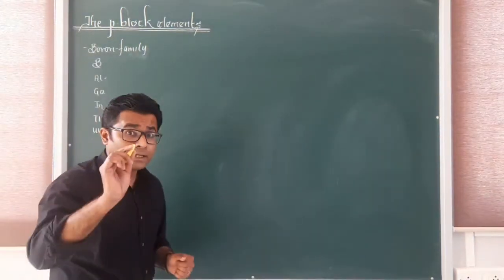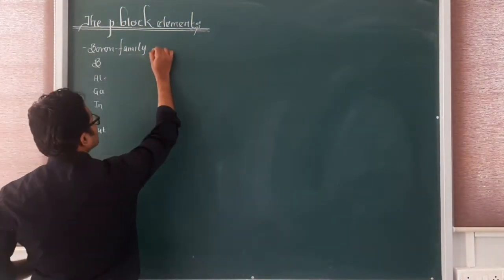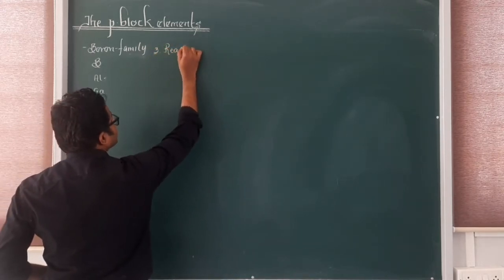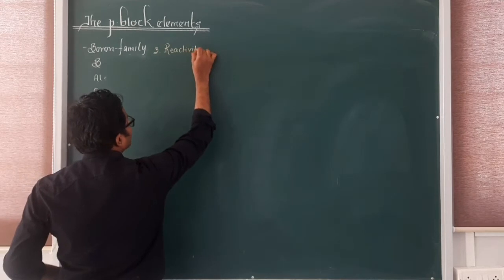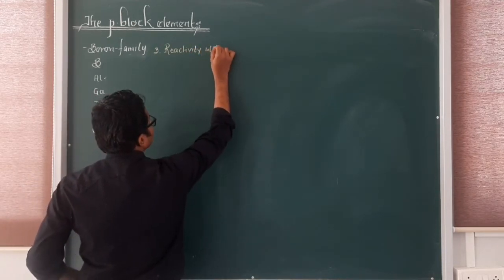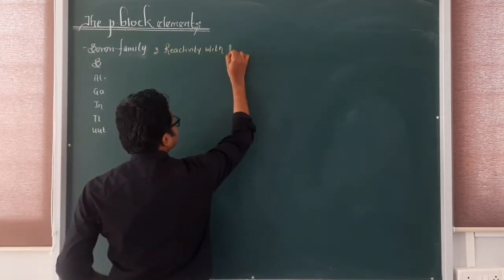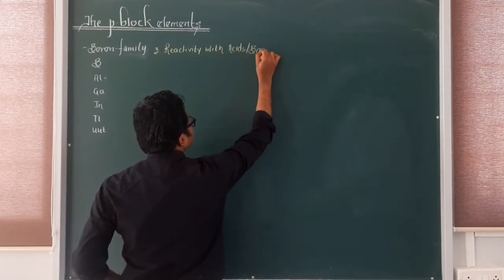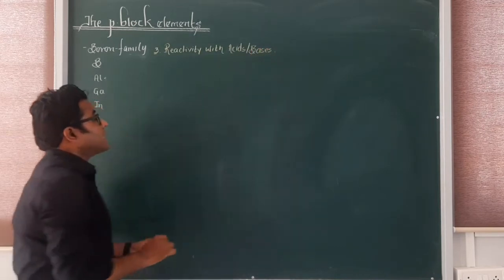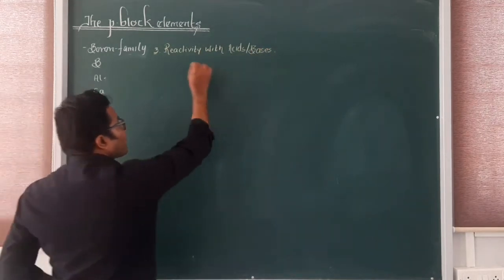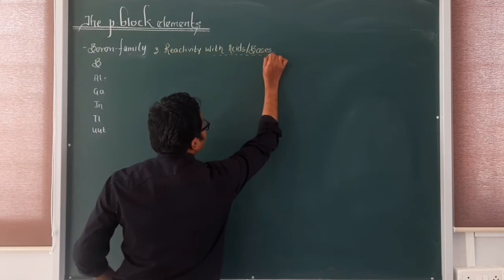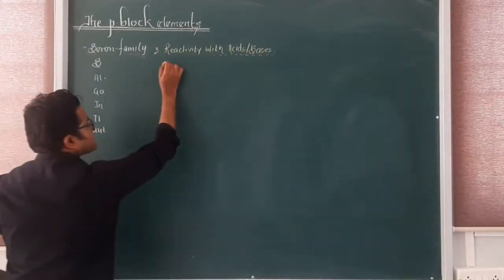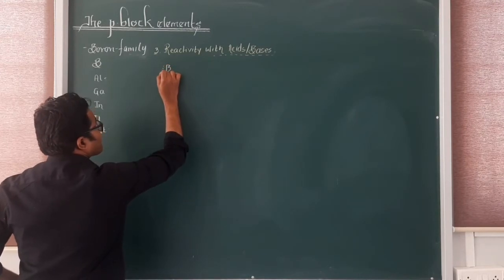Proceeding with the next one, and that is going to be the reactivity with acids and bases. Okay, so when we observe the reactivity of the boron family elements with acids and bases, the first thing that we note is here, boron.